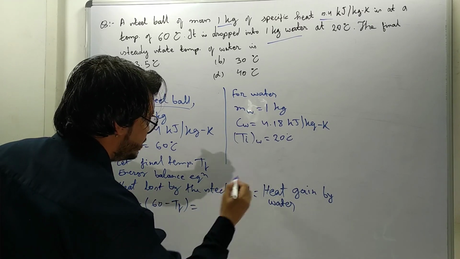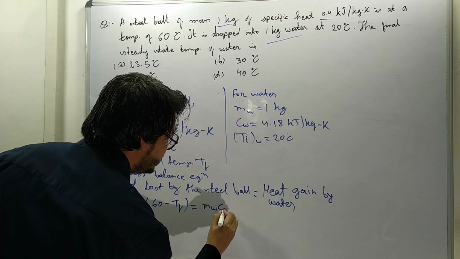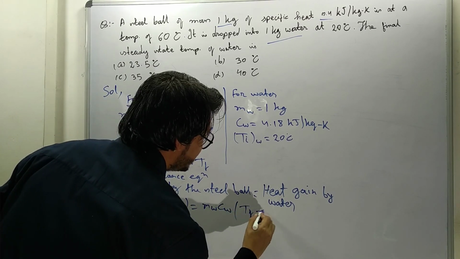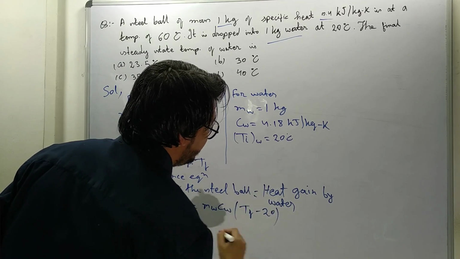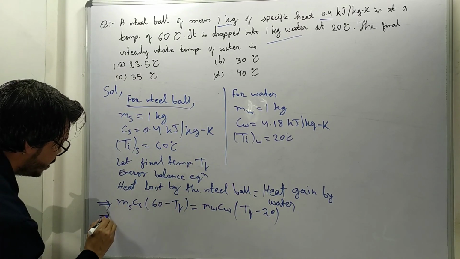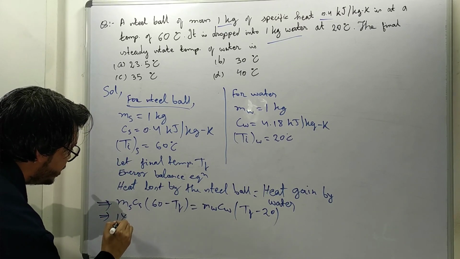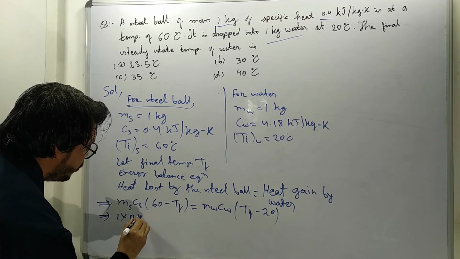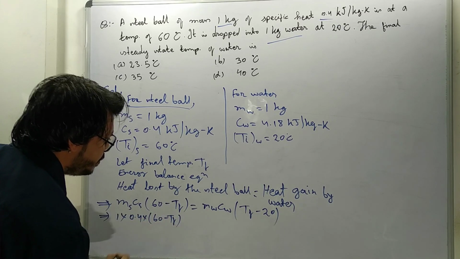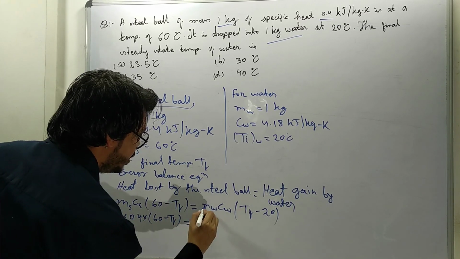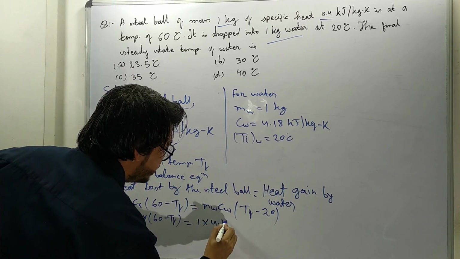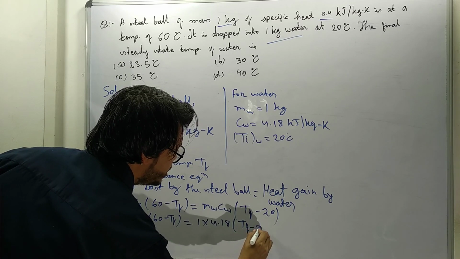And for water, mw cw of water into T final minus 20, because the temperature of water will increase. Mass of steel ball 1 into Cs 0.4 into 60 minus TF is equal to mass of water 1, Cw of water 4.18 into TF minus 20.